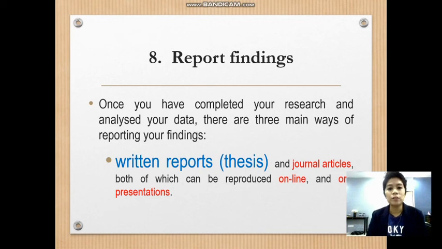Okay, right. So I think that's all for the research process from number 1 until number 8. There will be more detailed, more specific, and more explored information or discussion of the research process, starting from the problem statement. Okay, thank you.